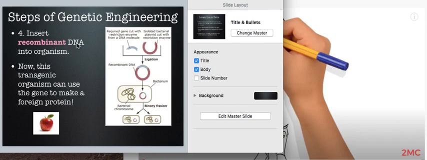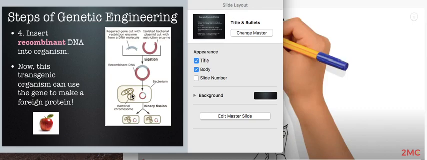Then we insert this recombinant DNA into bacteria, and then we let this bacteria make a lot of babies asexually. So is the DNA of asexually reproducing cells similar or identical? Okay, it's identical. So these 2 cells are identical to the parent cell that made it.